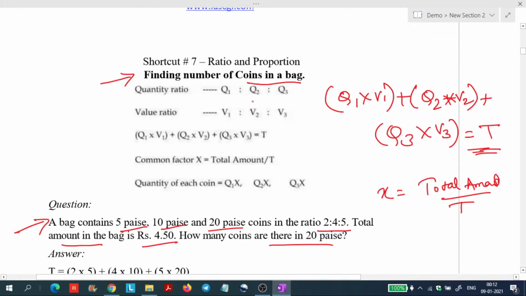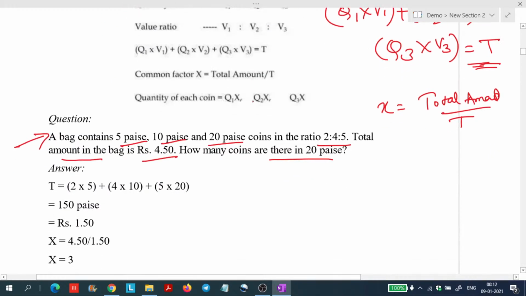For 5 paise the quantity ratio is 2, for 10 paise it is 4, and for 20 paise it is 5.